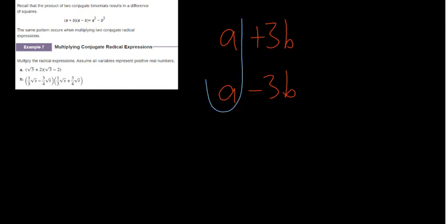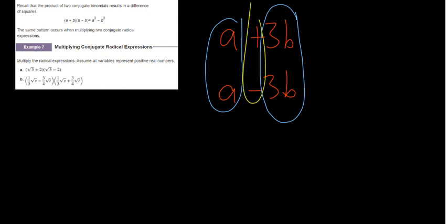A conjugate is where these terms and these terms are the exact same, but the only difference is the sign. That's what makes a conjugate. We can see in this example that we do indeed have two conjugates.